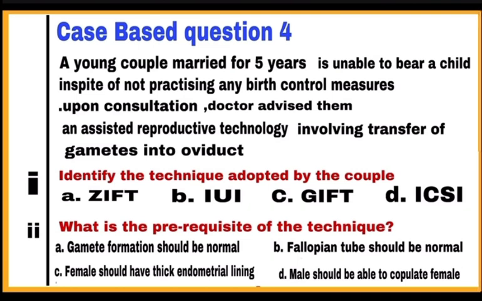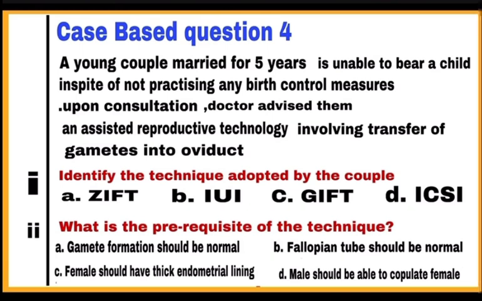Identify the technique adopted by the couple. Option C, GIFT technology or gamete intrafallopian transfer technology is adopted by the couple, where transfer of ovum collected from the donor into fallopian tube along with man's sperm is done. So here mark C as a correct answer.